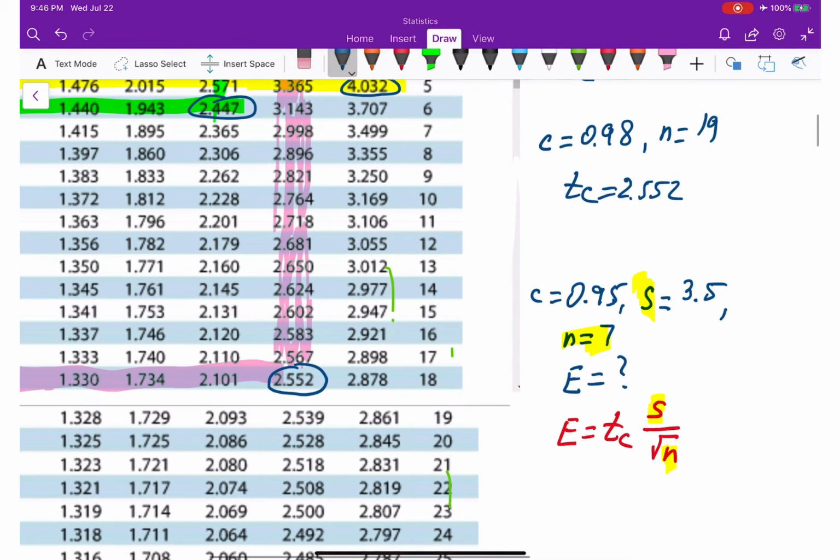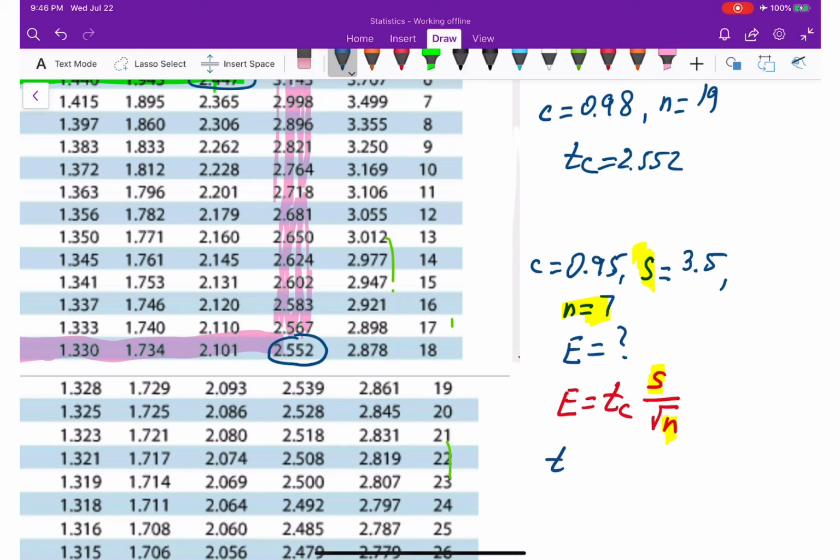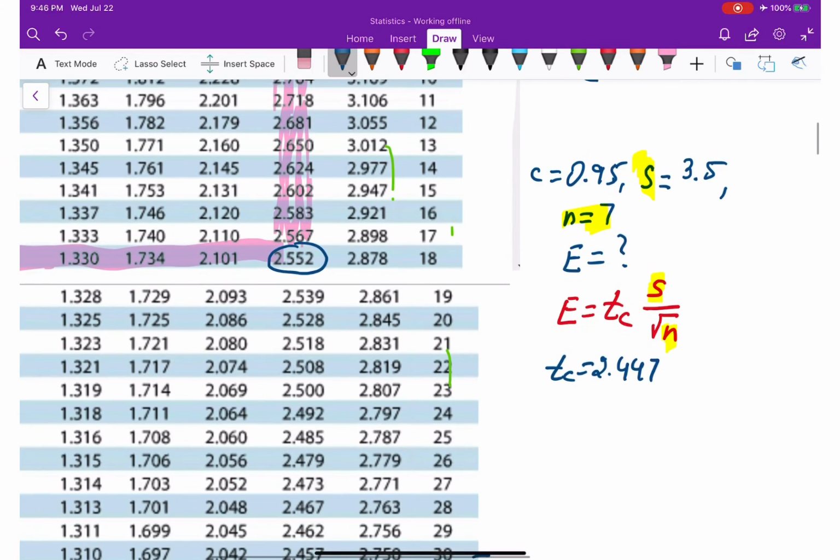All right, so T critical is equal to 2.447. From here we will get margin of error is equal to 2.447 times 3.5 over square root of 7, and this will give us 3.2. That will be our margin of error.